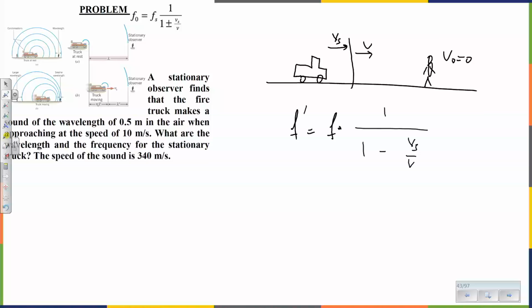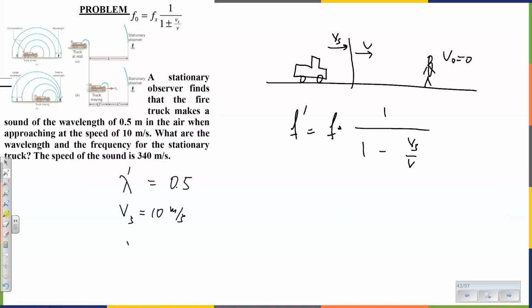So what do we know? We know that the truck makes a sound with the wavelength of 1/2 of a meter when approaching. So that would have been the wrong symbol. This is the speed of the source relative to the ground.